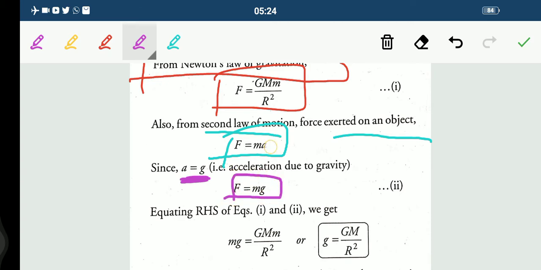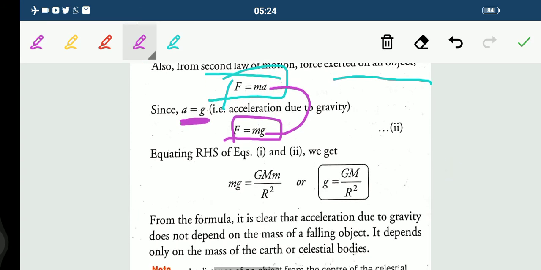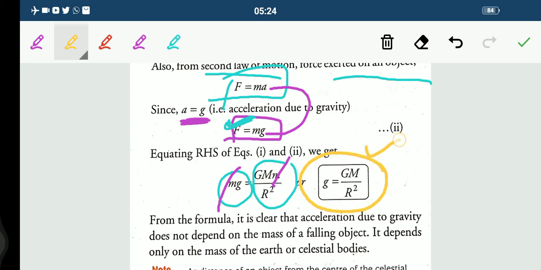Of course, if a is equal to g, then we can write F is equal to mg. Now you just write down mg is equal to, what is the value of F? F will be G M m upon r square. You just have to put the values, and m and m get cancelled out, and what you get is g is equal to capital G M upon r square.